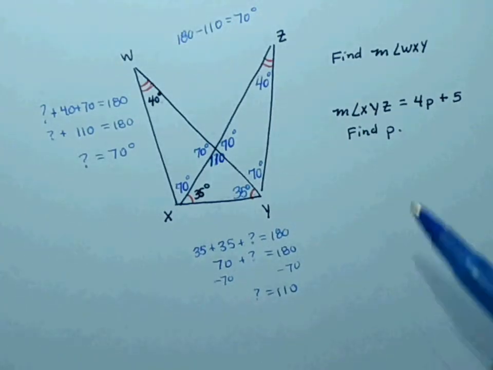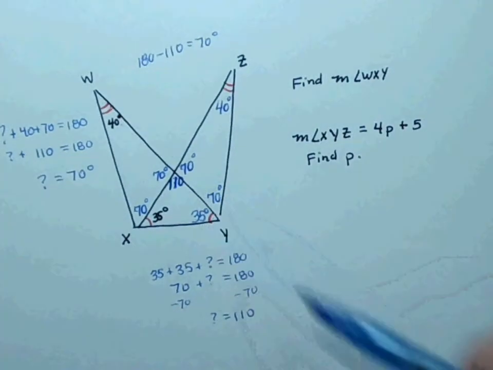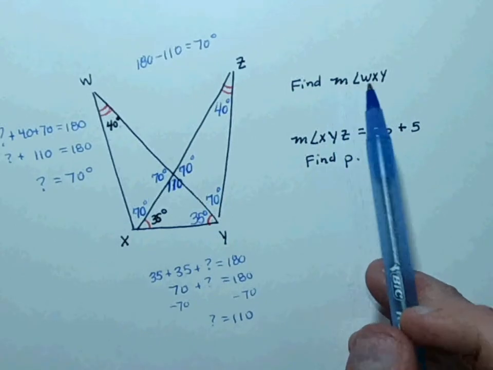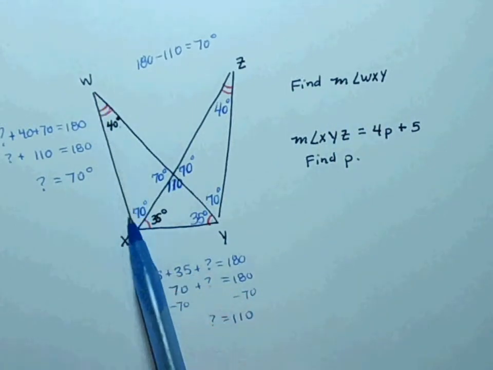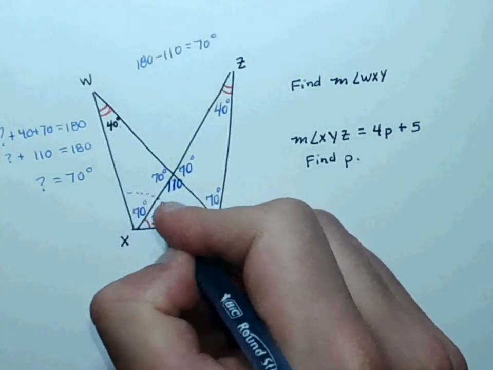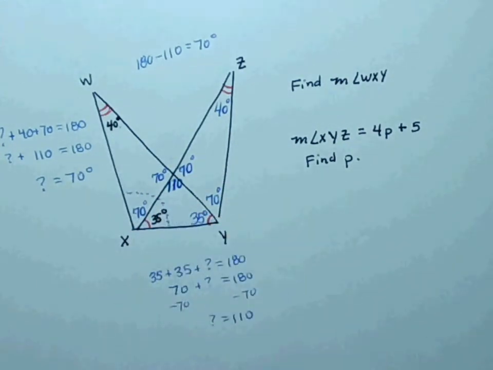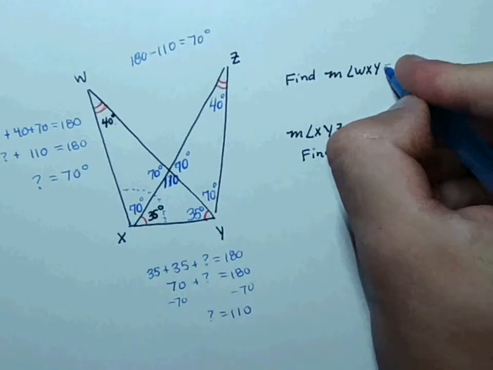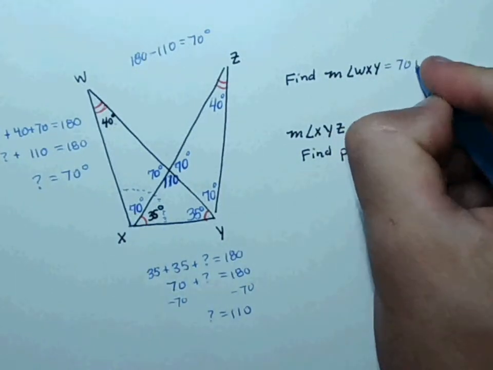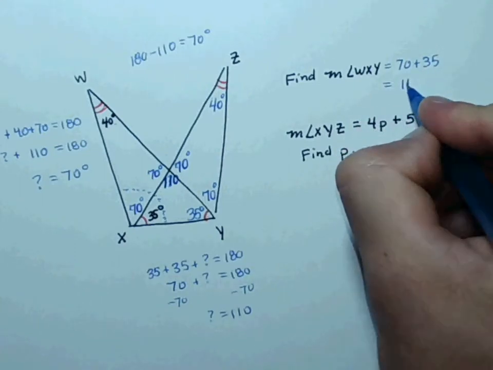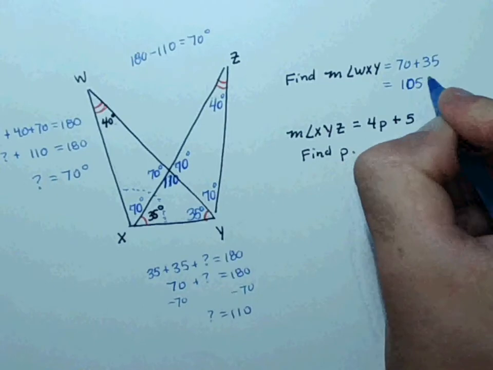So we just found the measure of every angle in this drawing. And we had to do that in order to find what we're looking for, which is WXY. We're looking for this angle right here. So the measure of that angle would be 70 plus 35, which would be 105 degrees.